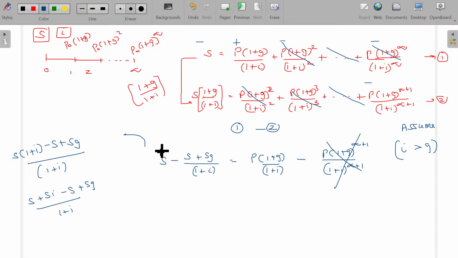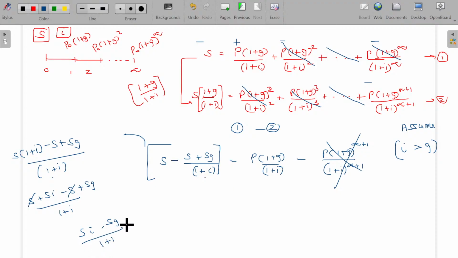In the left hand side, this entire thing is calculated this way. I have taken the 1 plus I in the denominator. Plus S minus S is cancelled. Ultimately, you have S I minus SG divided by 1 plus I. Is that okay?